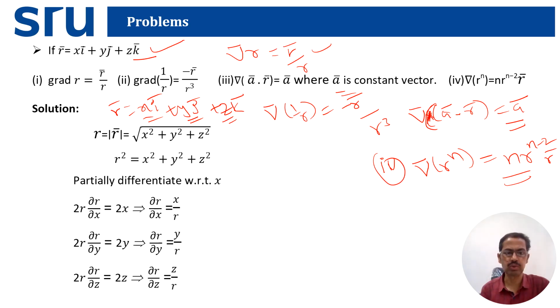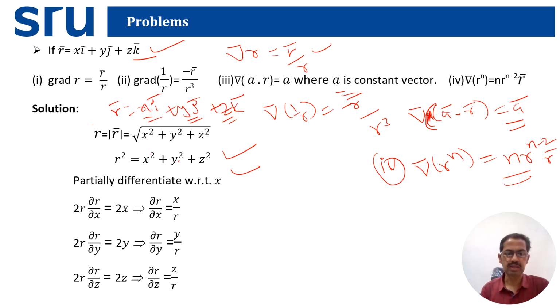Now squaring both sides, r square is equal to x square plus y square plus z square. This is not a vector, because magnitude is a scalar quantity. Now partially differentiate the above equation with respect to x.